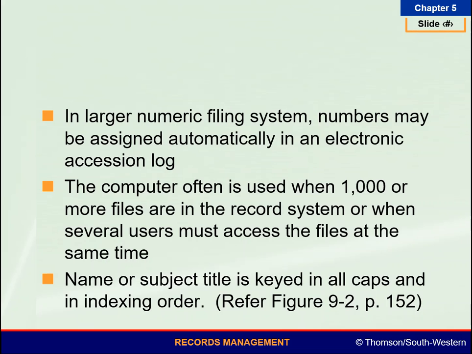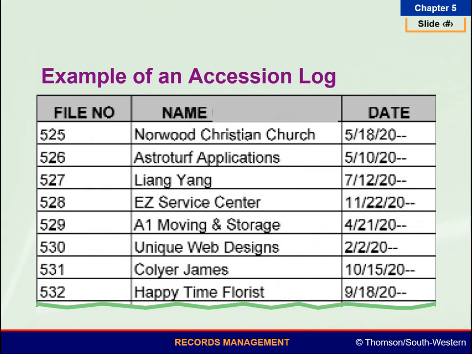Name or subject title is keyed in all caps in indexing order. So this one you need to refer to the textbook, but again, we do not have the textbook. So this is an example of the accession log. You can see the file number. This is the file number of that record. For example, 525 is referring to that person.